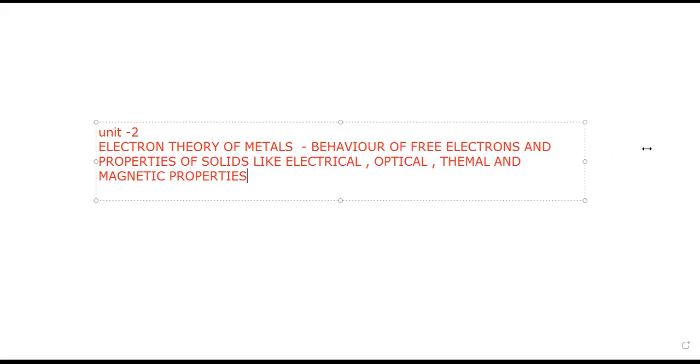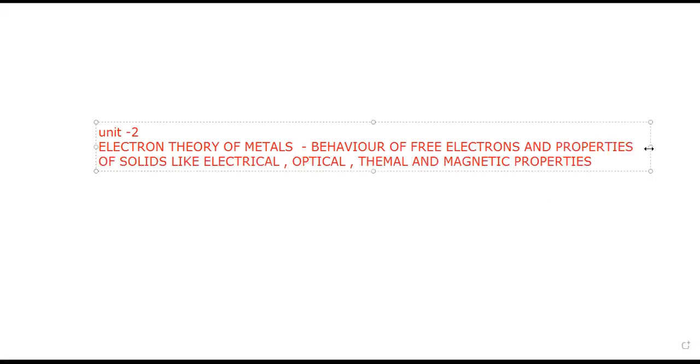What are the properties of solids, students? Tell me. Electrical, thermal, optical and magnetic properties. So based on the free electron behavior, suppose you take any solid. Inside the solid we have a nucleus, and around the nucleus electrons are revolving in different orbits.